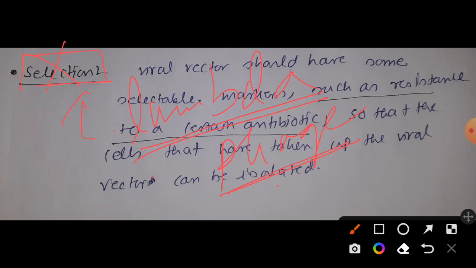But in other cases, for example baculoviral based vectors, adenoviral based vectors, lentiviral based vectors, and oncoretroviral based vectors, we have to pay attention to selection also. That means the presence of an antibiotic resistance gene that will select only those cells that have the viral vector along with our gene of interest. So that is the idea of selection.